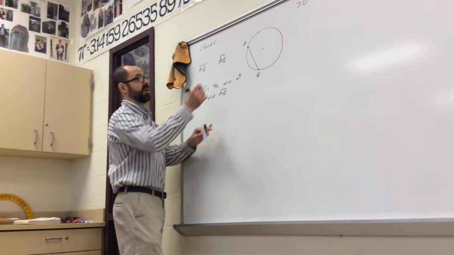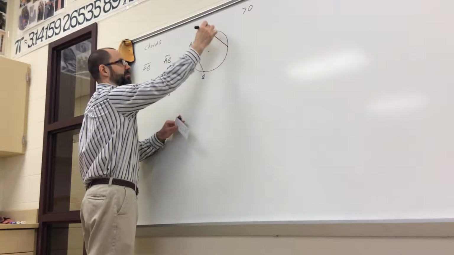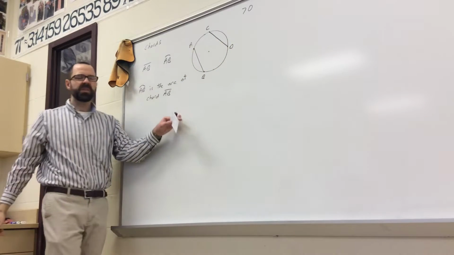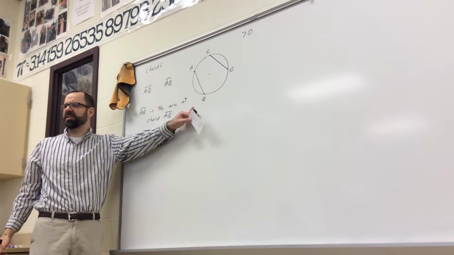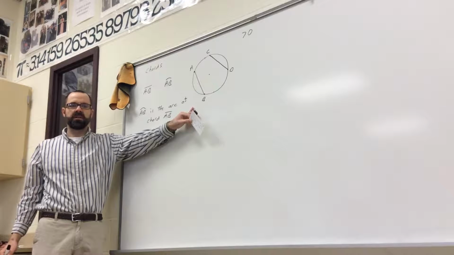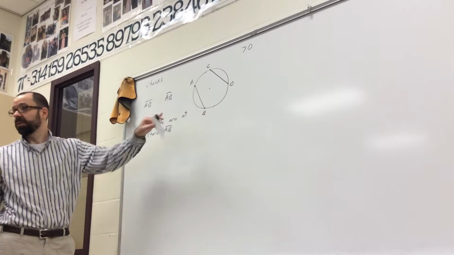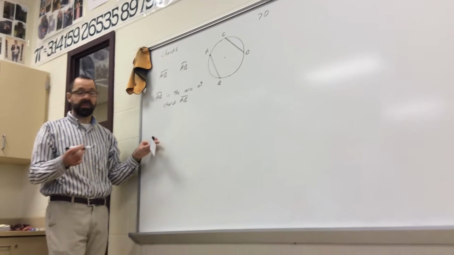All right, then if you have another chord over here, and I tried to draw that so that they would be the same length. I don't know if I accomplished that perfectly or not. But my idea was to have two chords that were the same. And there's a theorem that goes with that then.